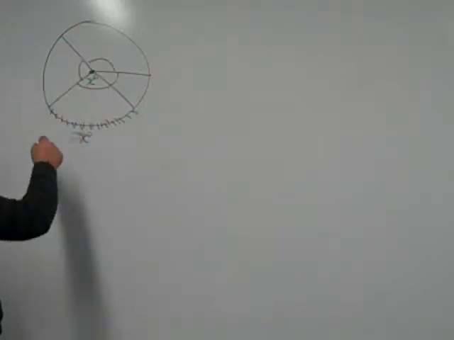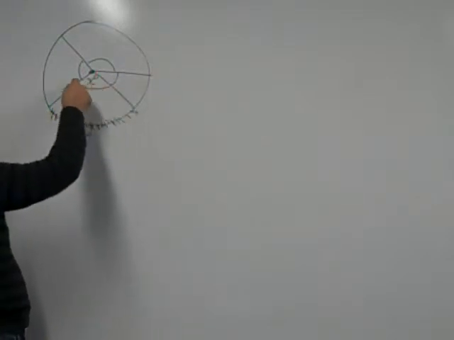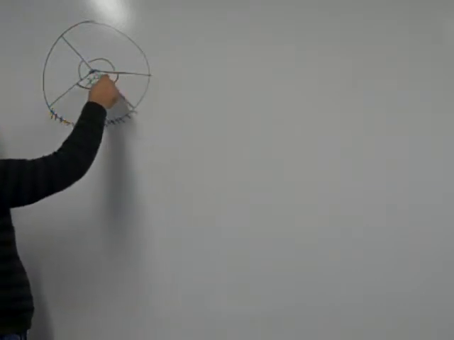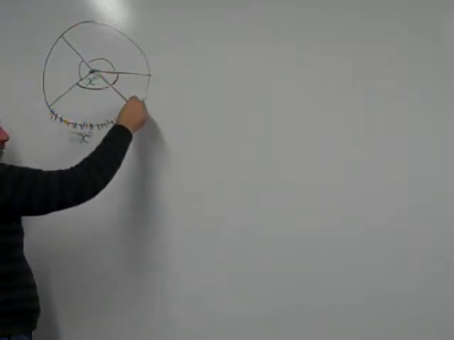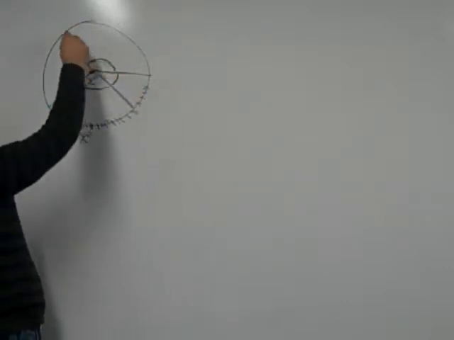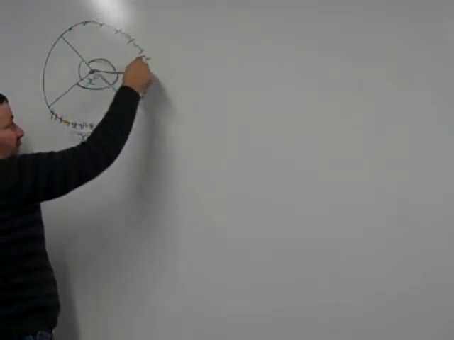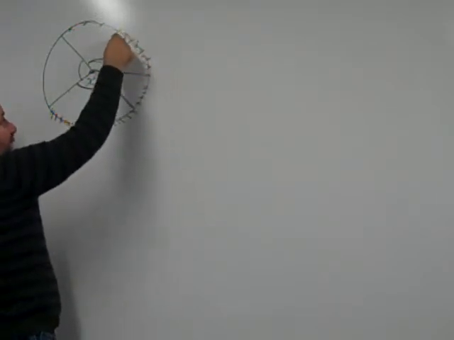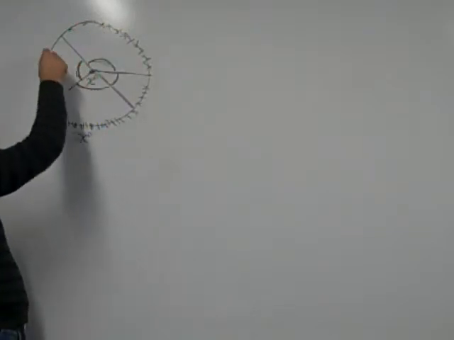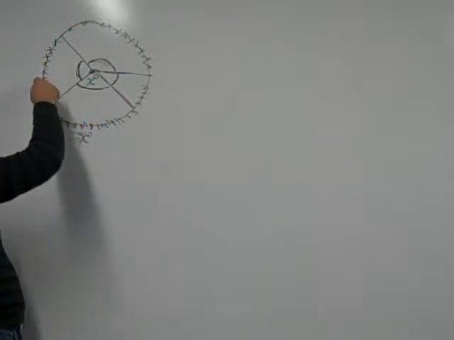Now, this arc cut off this piece, and this central angle cut off this portion, and this central angle cut off this portion. Notice there's no overlapping. And lastly, this angle cut off this arc.